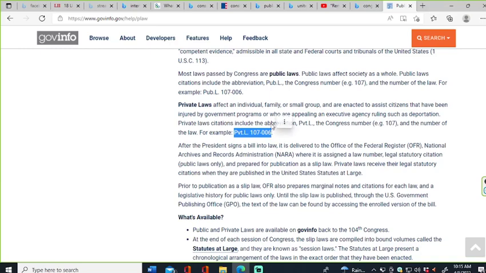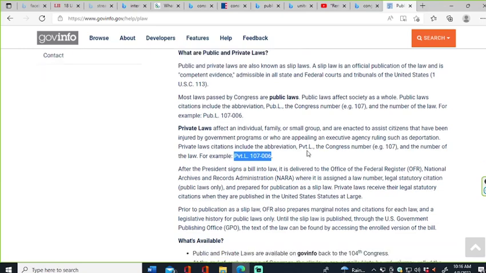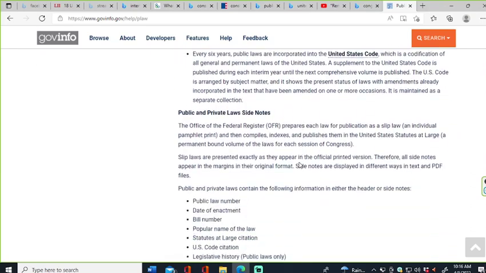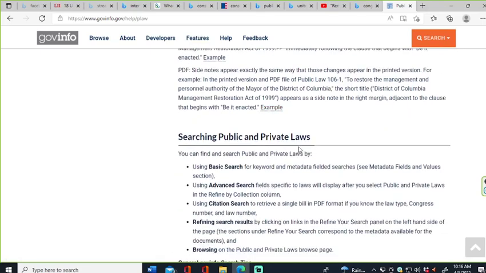So they got public law. It says most laws passed by Congress are public laws. Public laws affect the society as a whole. Public law citations include the abbreviation Public Law, the congressional number, and the number of the law. So you have to understand there is public and private law.